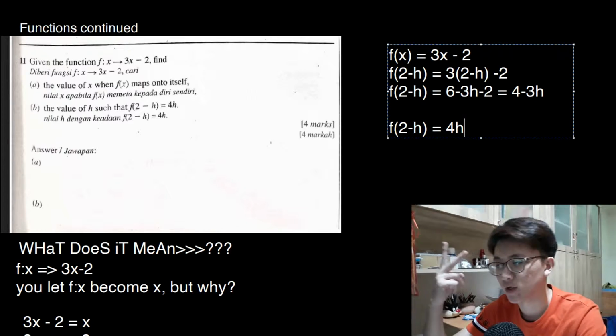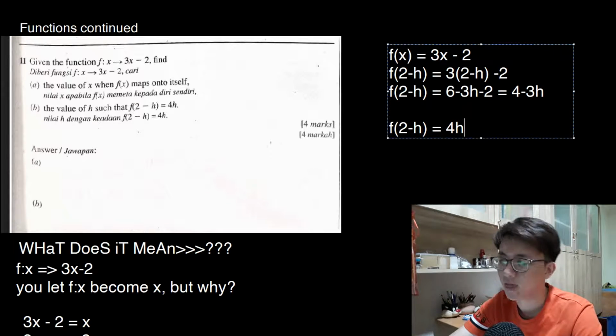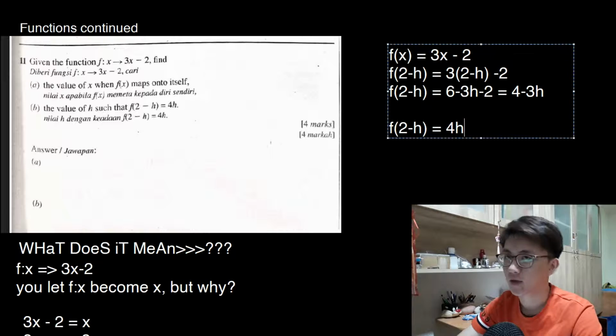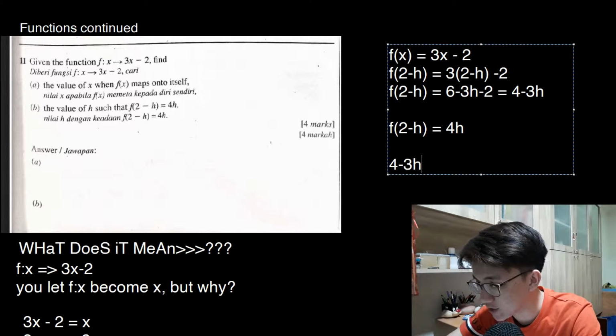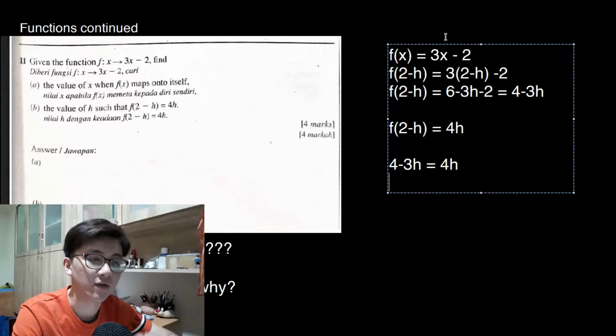Notice that you now have two expressions, 4 minus 3h and 4h. You can combine these together and get 4 minus 3h equals 4h, and then you solve it.